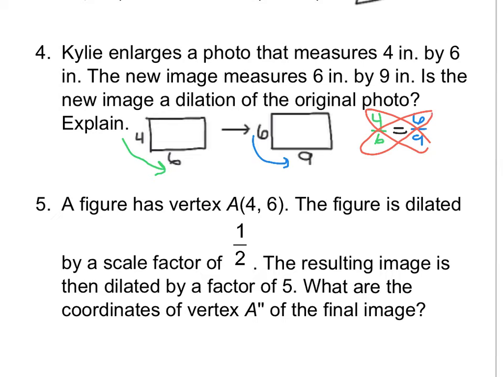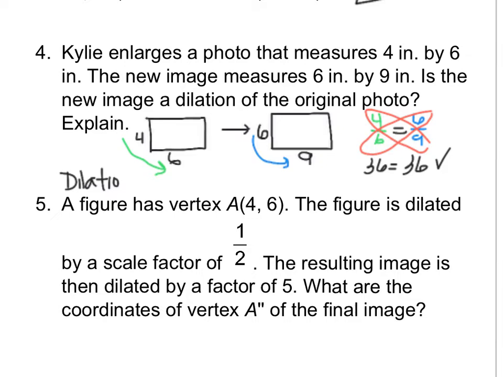So 9 times 4 is 36. And 6 times 6 is also 36. So that checks out. Yes, our original shape is a dilation because the sides are proportional. And this time I'm going to use the symbol for proportional.